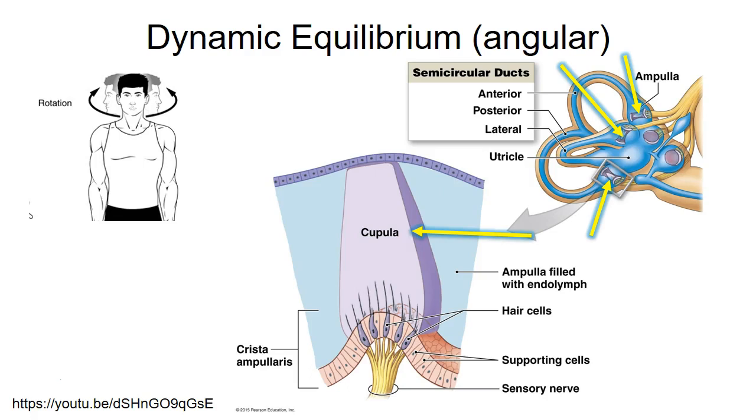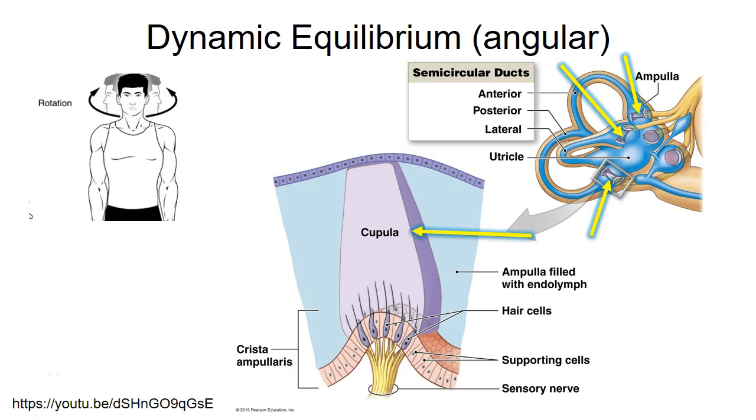And at the base of these, we have detectors, which is going to be this crista ampullaris with the cupula there. So if you're spinning around or nodding your head, side to side or up, down, the fluid inside is not going to move as quickly as these receptors, which means that the hair cells on these receptors get activated.